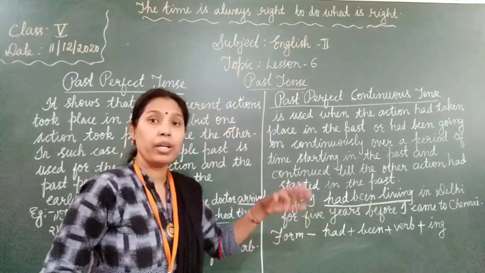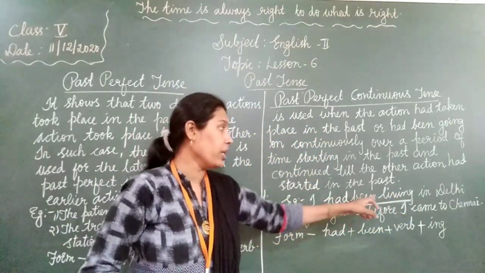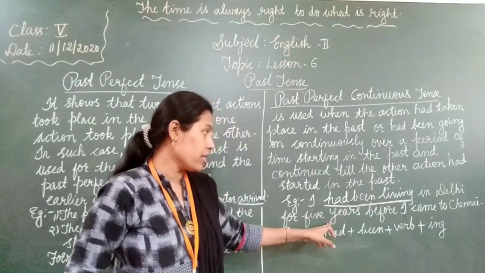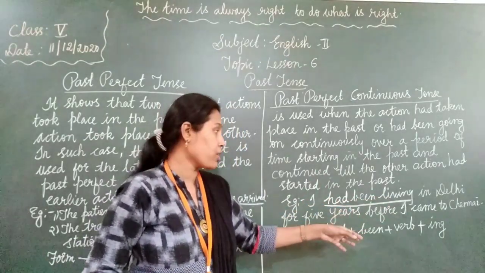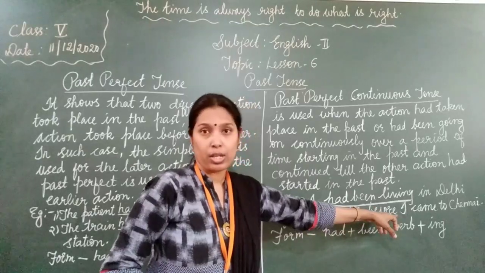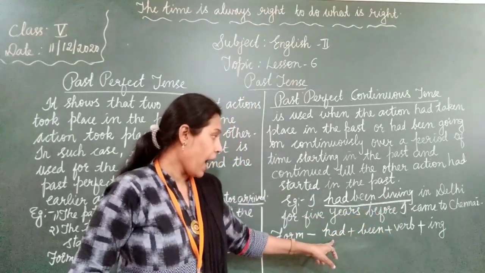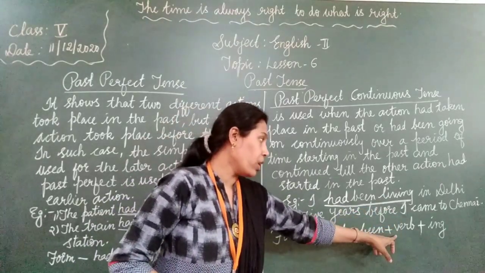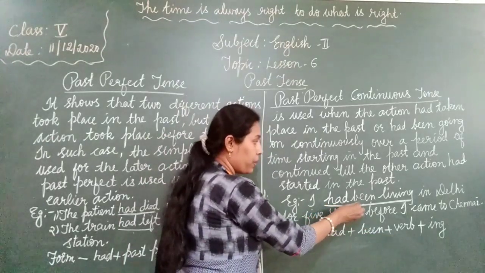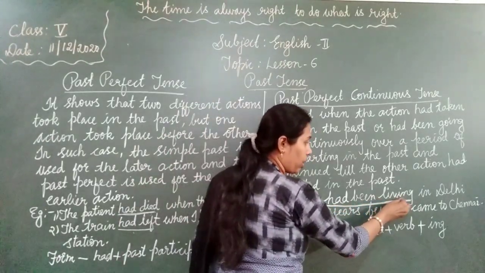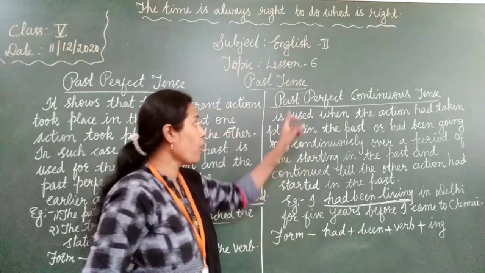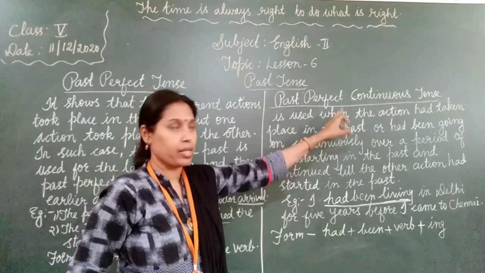Okay, I was continuously living in Delhi for 5 years. And then what happened? The next action started. I came to Chennai. And the form is had plus been plus verb plus ing. Had been, this is the verb live, and we added ing to form past perfect continuous tense.